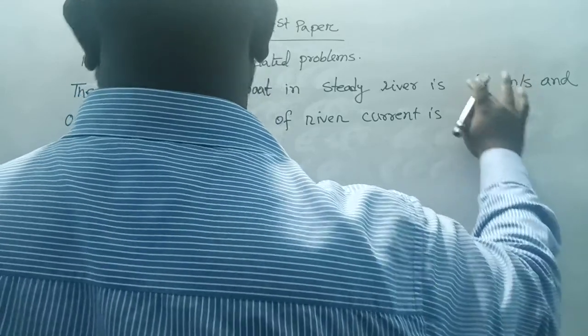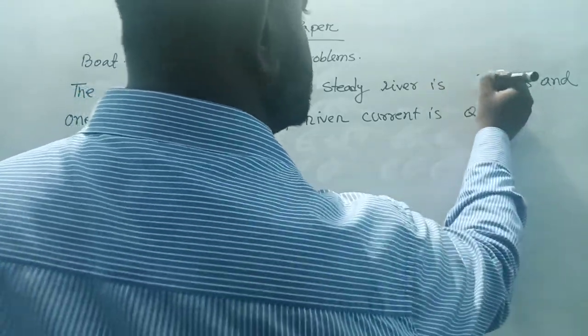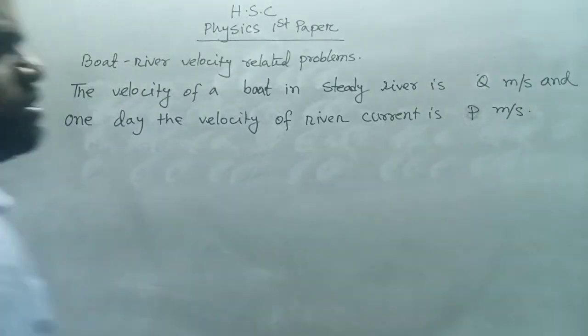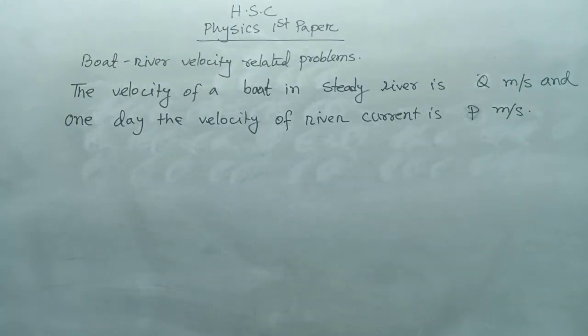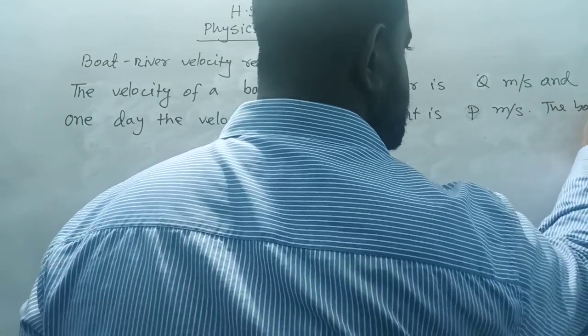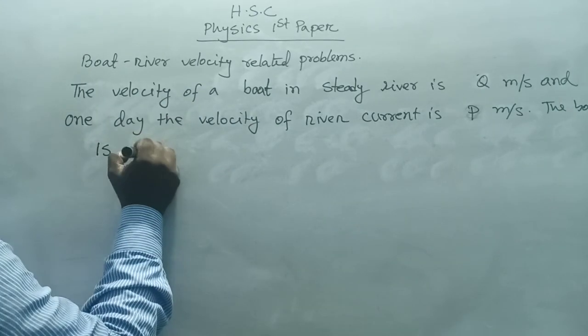Okay, let us alter, because velocity of boat is q meter per second, and to write down, the velocity of river is p meter per second. No problem there. And let us consider the boat is crossing the river.